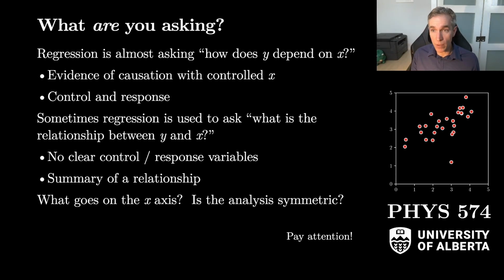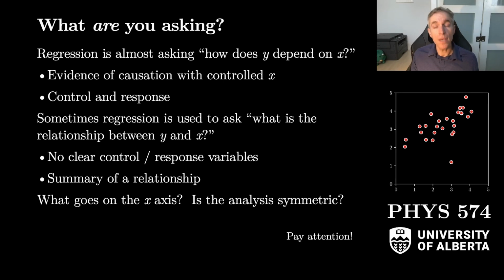And this works really well in experimental physics. We are looking for evidence of causation using a well-controlled X. I change this X parameter in my experimental setup. I see observation Y. So there's this clear framework of saying, this is what I did. This is how the experiment responded. I can really explore that.